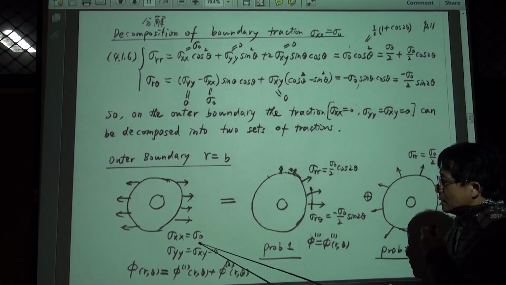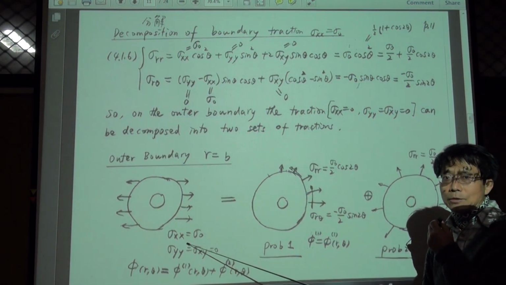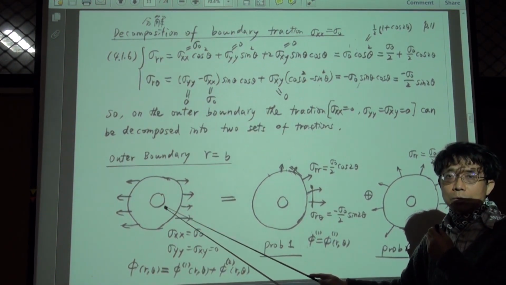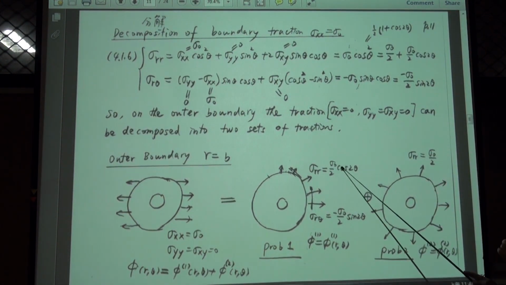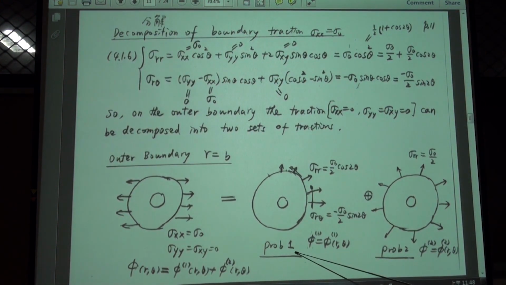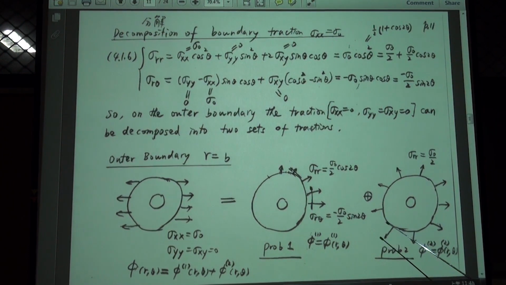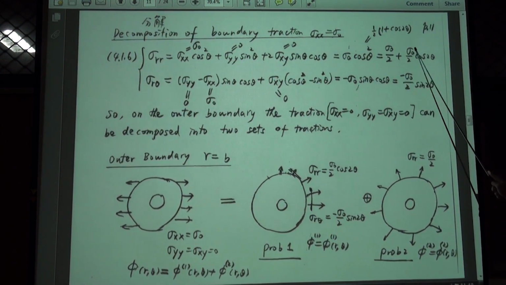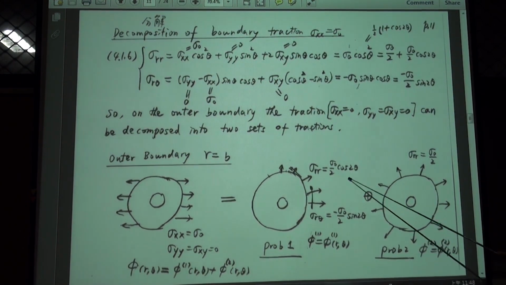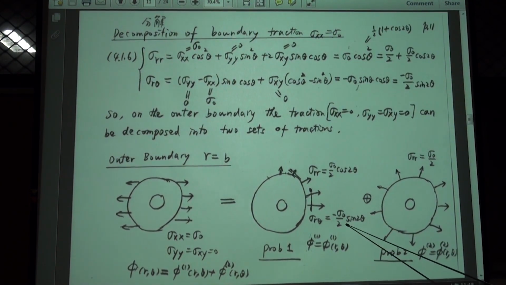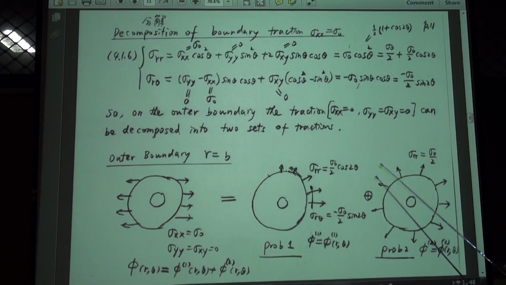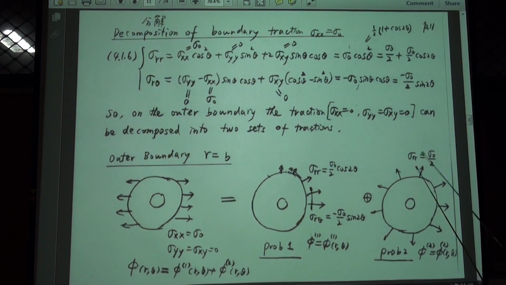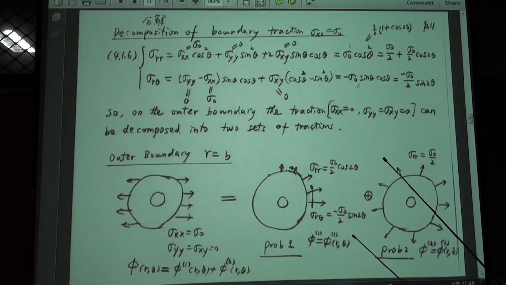Now let us do a summary here. We have a simple tensile stress state here. This is the original problem we want to deal with, and now we decompose it into problem 1 and problem 2. Problem 1 has the periodical stress boundary, and problem 2 has the visually symmetric traction boundaries.